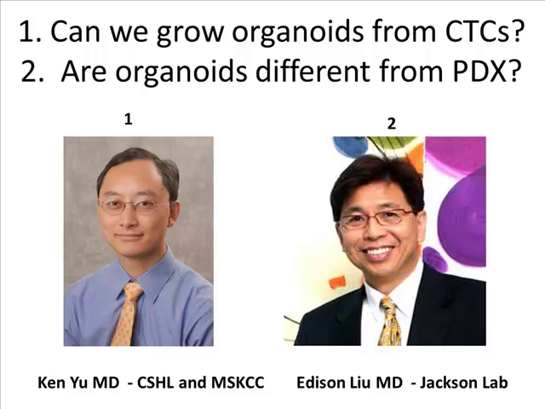One of the really big questions we have that we're hoping to ask with Edison's group at Jackson Labs is if you were to compare organoids to patient-derived xenografts, do they give you the same information? Tumor heterogeneity, therapeutic responses, feasibility, tractability, the ability of many people to use them. So that's a critical question that we need to address right now, and with the support of you all and the Hope Foundation, we're going to do so.